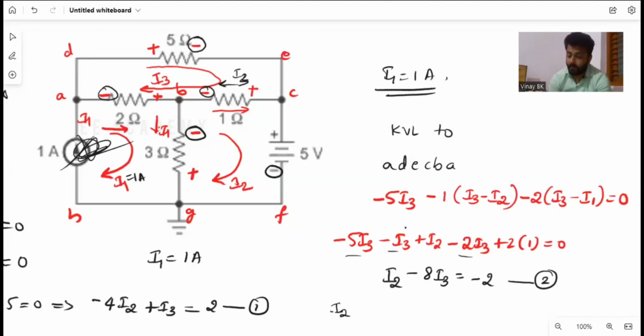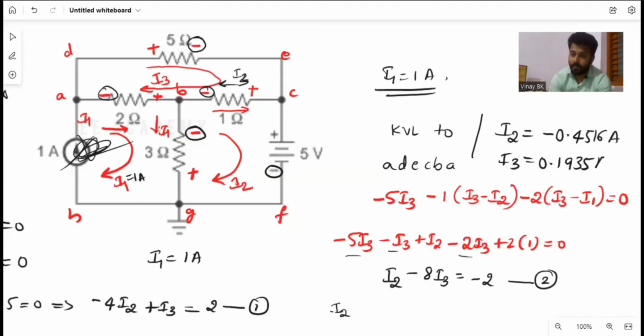We'll get the values of current. I2 is minus 0.4516 amperes. Similarly, I3 is 0.1935 amperes.